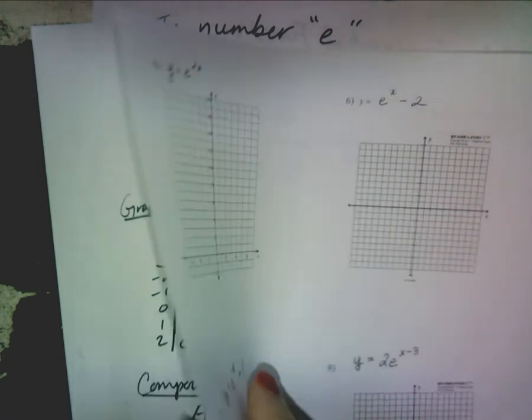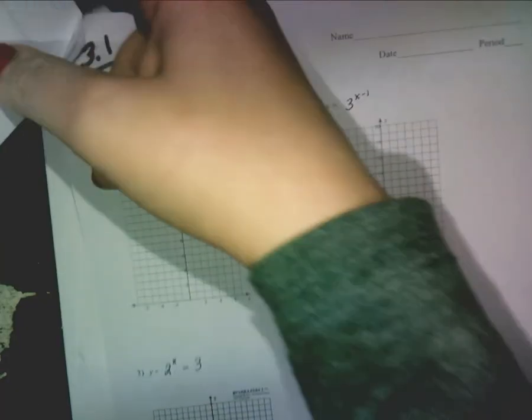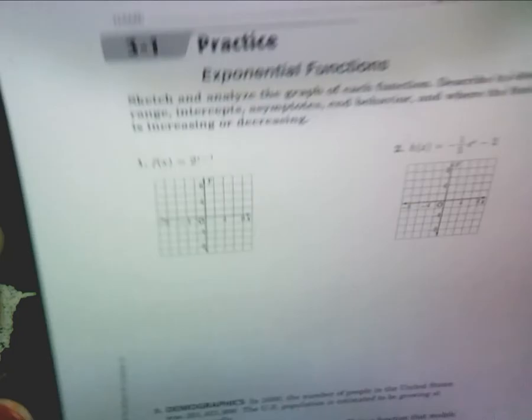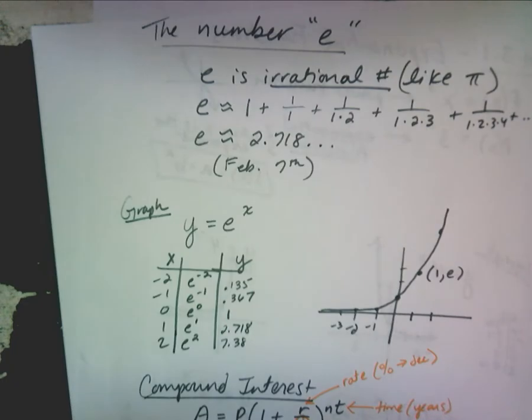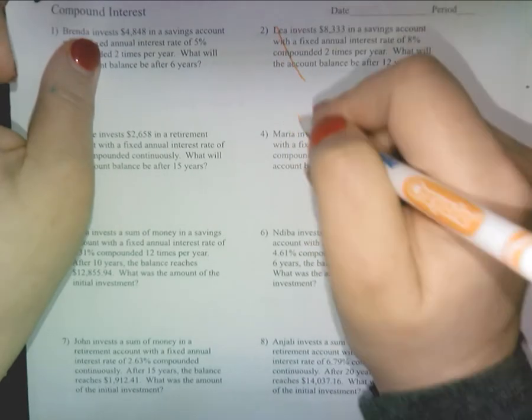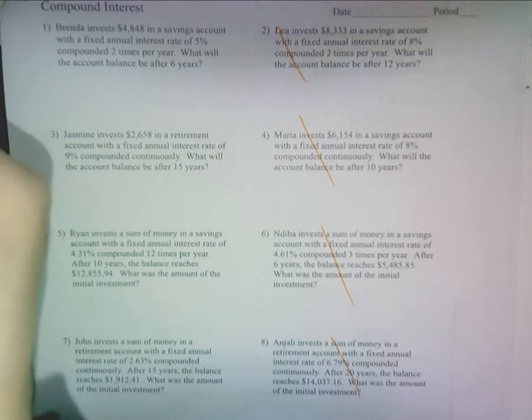This isn't hard, right? 1 through 8, you can do that. We're going to do compound interest in a minute. And some of them you can't do. And then obviously, I do want you to try these last 4 problems on the back. But you are actually going to cross off on this side right here, which says compound interest, 2, 4, 6, 8, and 10. You're welcome. That's what I want to hear.